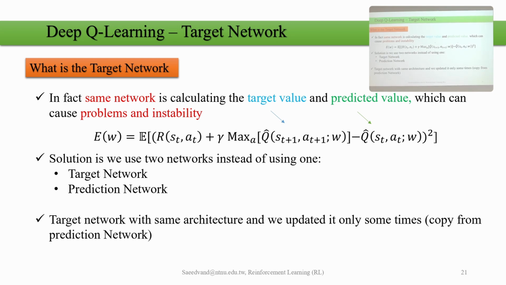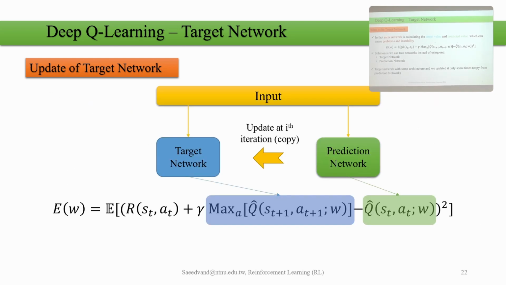And how does it look? We have the same input, the state space, as input. Instead of using one network in the center, we can copy the network into two parts. One is the prediction network, another is the target network.